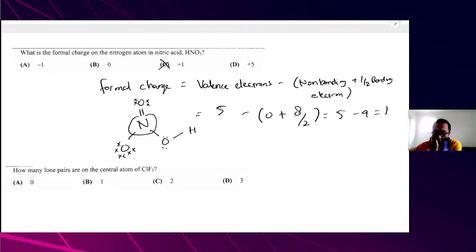Yes, that's true. So the thing here is we need to get a good Lewis structure first, okay?